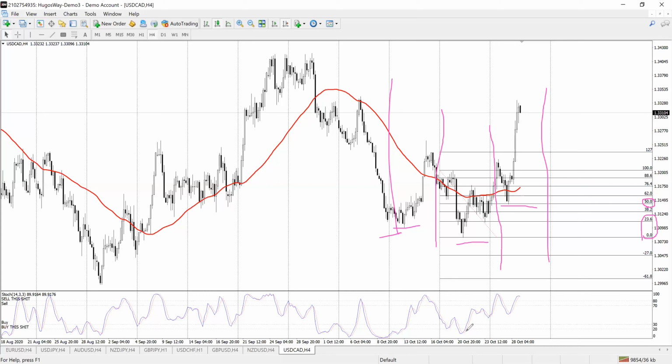So as you see, every time it was overbought, or if it's underneath these two lines right here, that means it is oversold. If it is above these two lines right here, that means it is overbought.